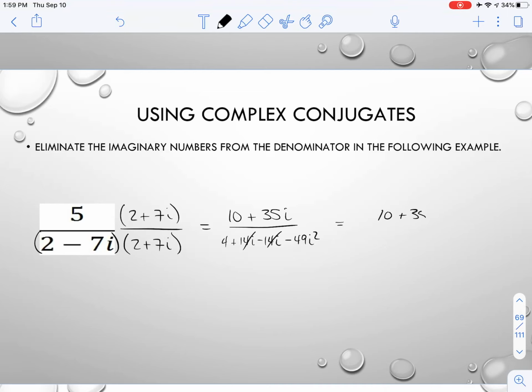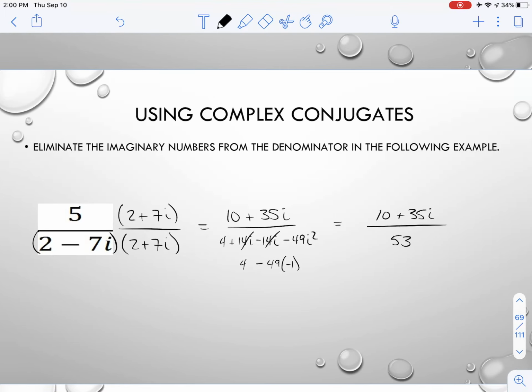So here I have 10 plus 35i divided by, with a little simplification, 4 minus 49 times negative 1. I'm going to replace the i squared, which gives 4 plus 49, or 53. So 5 divided by 2 minus 7i is equivalent to 10 plus 35i, all divided by 53. And this 10 plus 35i over 53 doesn't break any rules for having imaginary values in my denominator.